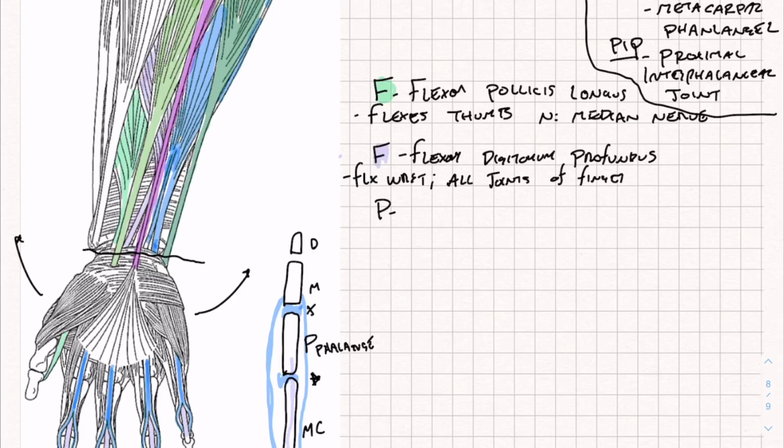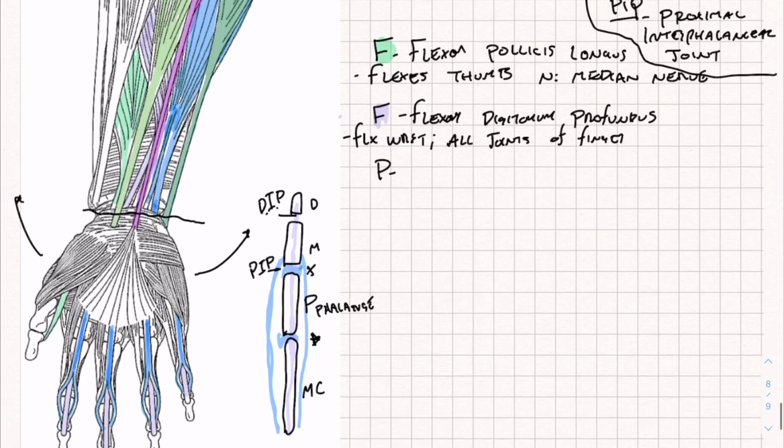It flexes the MCP, the metacarpophalangeal joint, the proximal interphalangeal joint, and then this one is called the distal interphalangeal joint. So that one flexes all of them. So profundus pierces through the superficialis split.